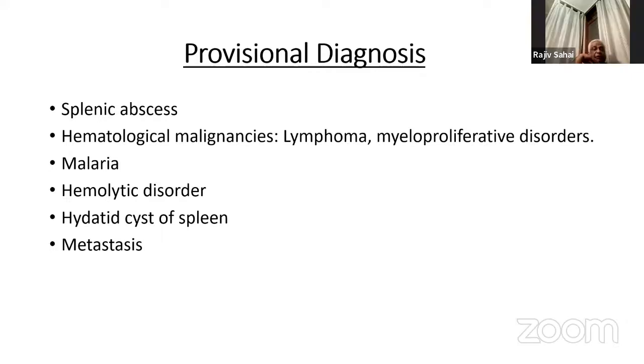Okay, now how will you manage this patient? So Varun, first of all, when do you feel the spleen? What should be the size of the spleen to be palpable? So usually, spleen is felt on deep palpation. How much should it be enlarged to become palpable?